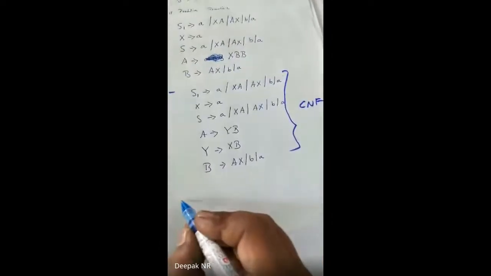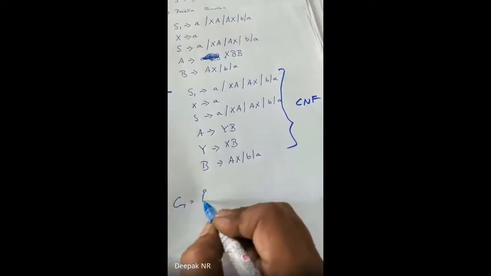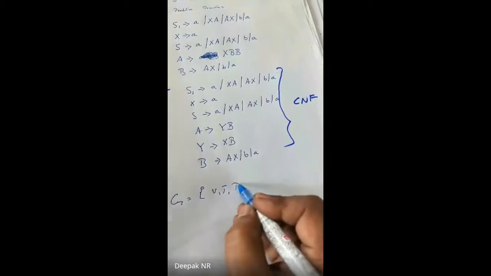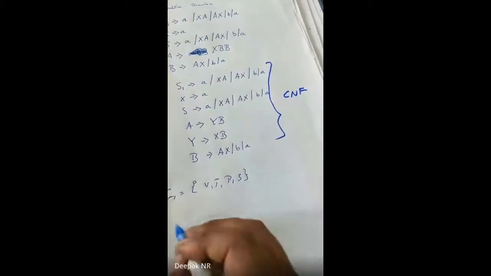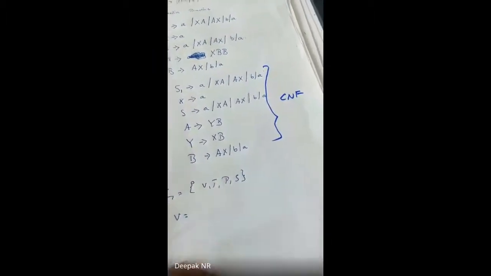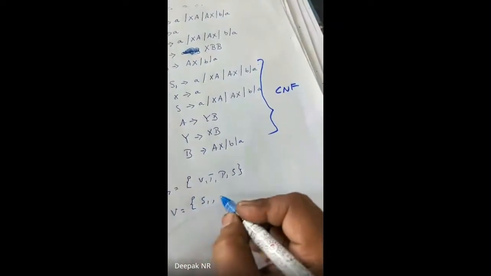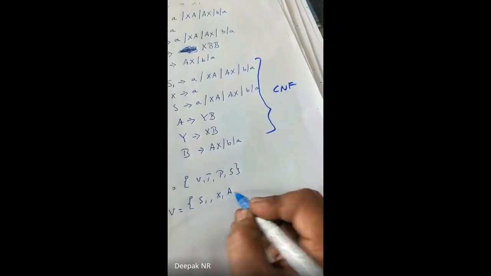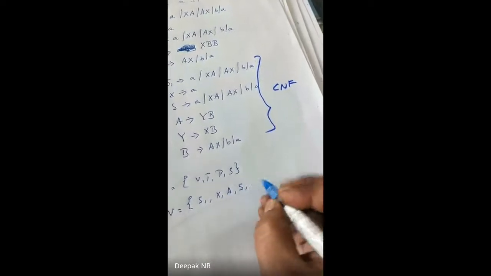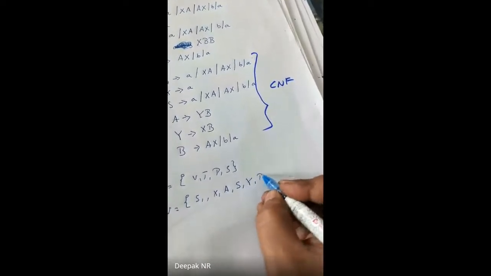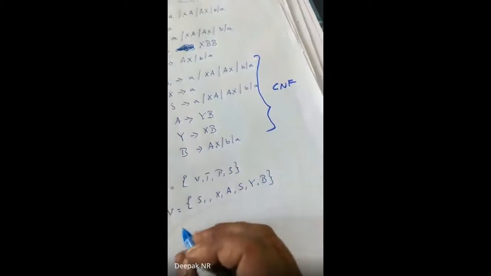At last, I write G equals V, T, P, and S. What are the variables used? The uppercase used. The variables used are S1, X, A, S, Y, and B. Clear? Perfect.